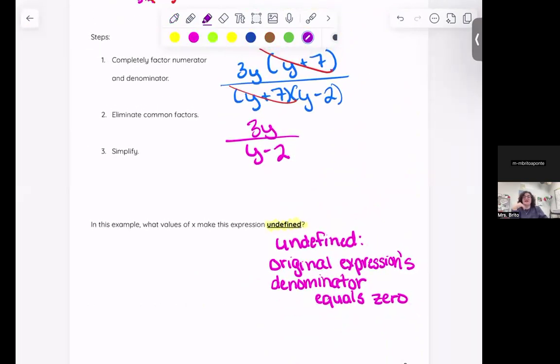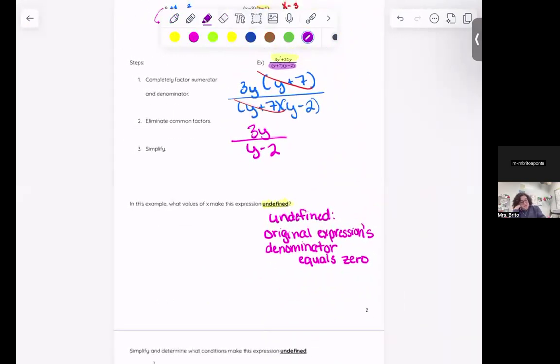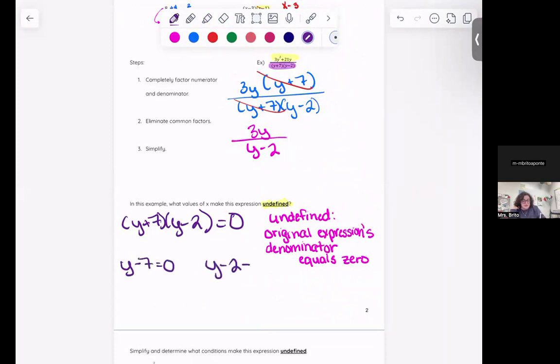Oh, you guys, technical difficulties. It's just like I'm there in the room with you, isn't it? So that expression is undefined when y plus 7 and y minus 2 equals 0. So in order to find the answer, we're going to take a look at each piece of that equation.